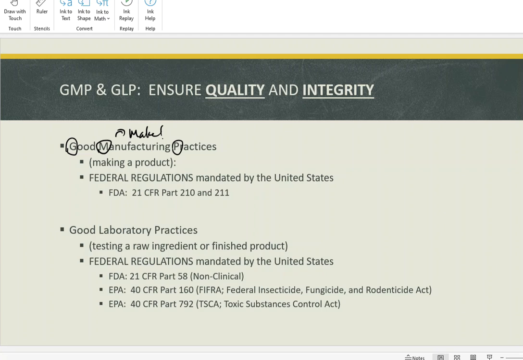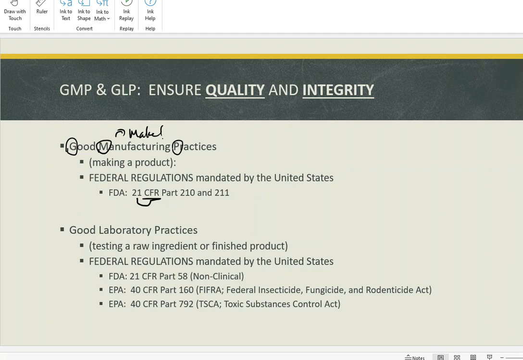So good manufacturing, this idea that a company is making something that will eventually get to a consumer. These are regulated. They have federal regulations tied to them, and you're going to find a lot of these in Title 21 CFR. CFR is the Code of Federal Regulations. This is not a new thing for us. We know what CFR stands for at this point.